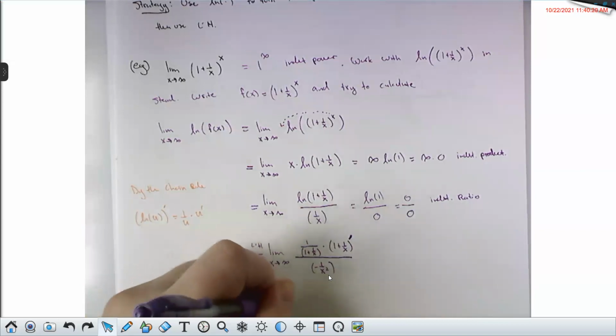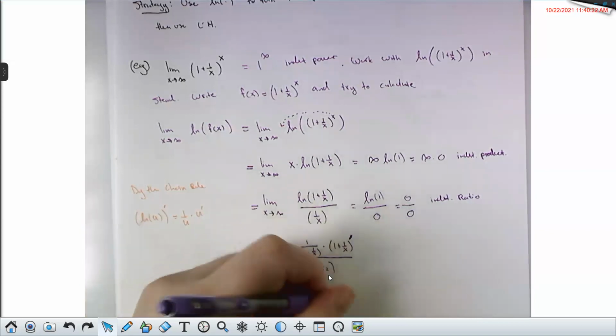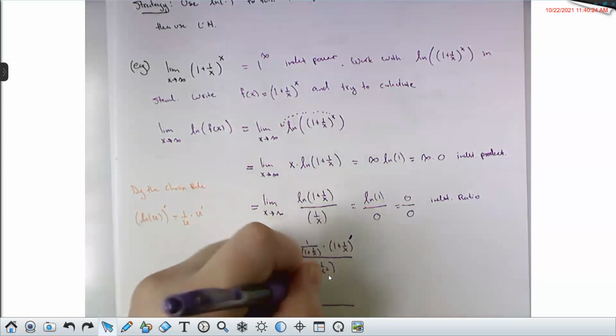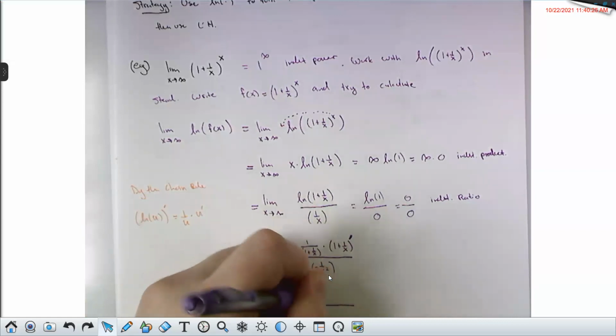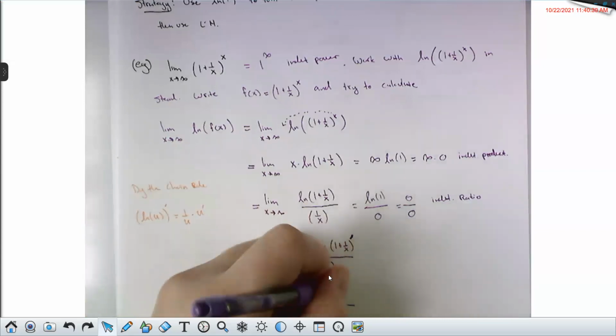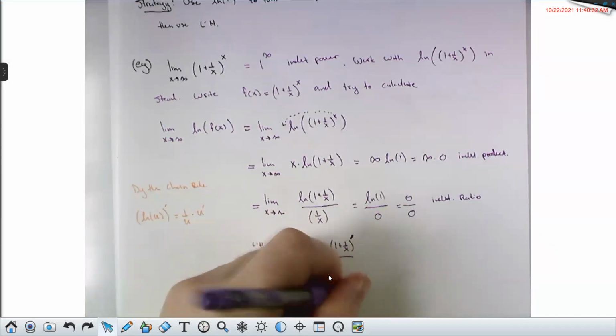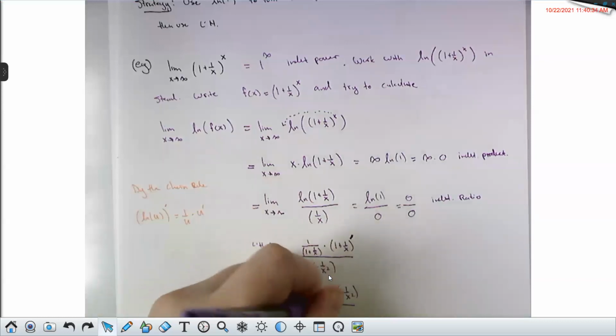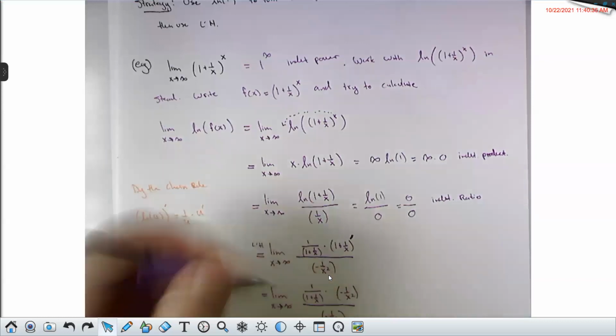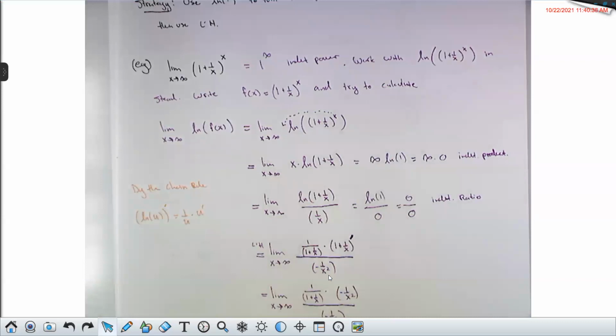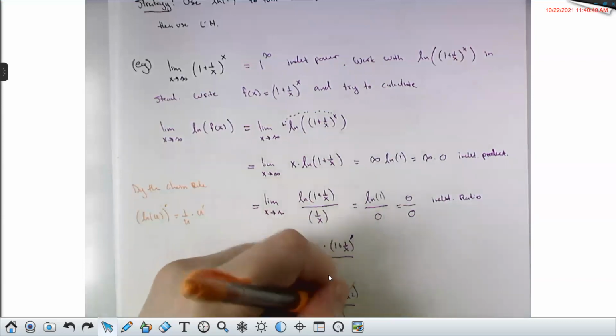So this is the limit as x goes to infinity of a big fraction. Upstairs I have 1 over 1 plus 1 over x times this guy, which is negative 1 over x squared, divided by negative 1 over x squared. And conveniently, those cancel.